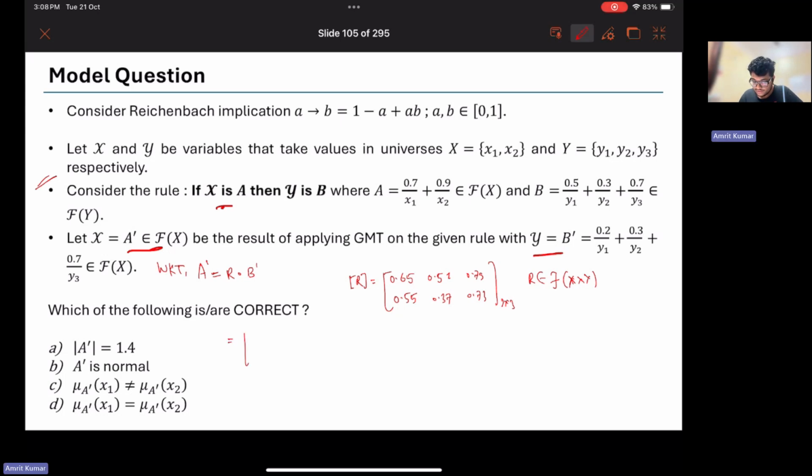And therefore, what we want to do is the following. Now, notice that we are post-composing a fuzzy relation with a fuzzy set, and therefore we will consider the column vector identification of the fuzzy set.